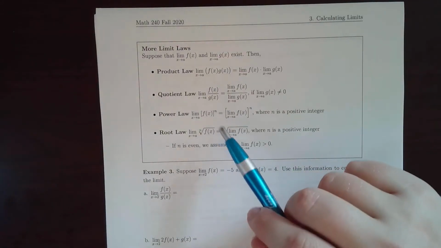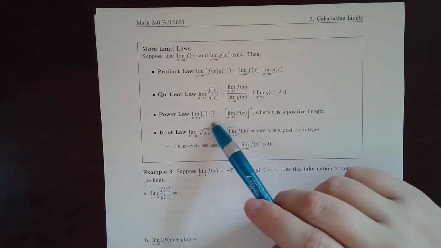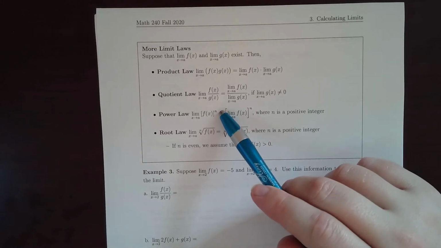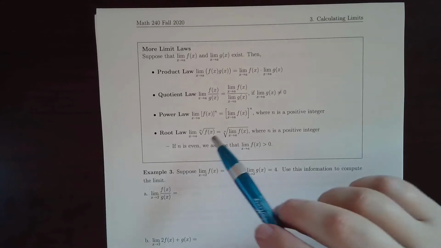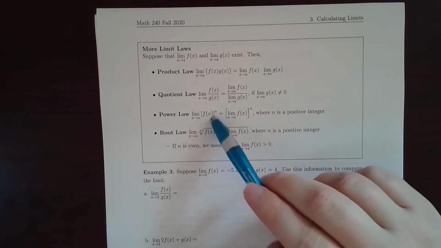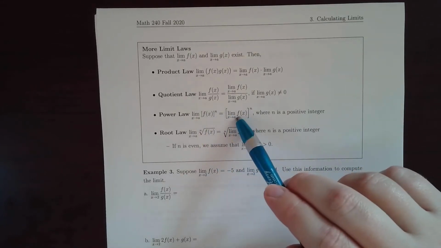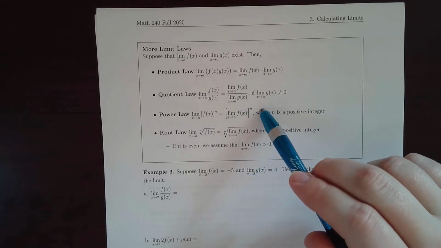Then we have our power law. So assume that we're raising some function to some power. So say, for example, x squared. Then that's the same as finding the limit for our function and then later raising it to the power.